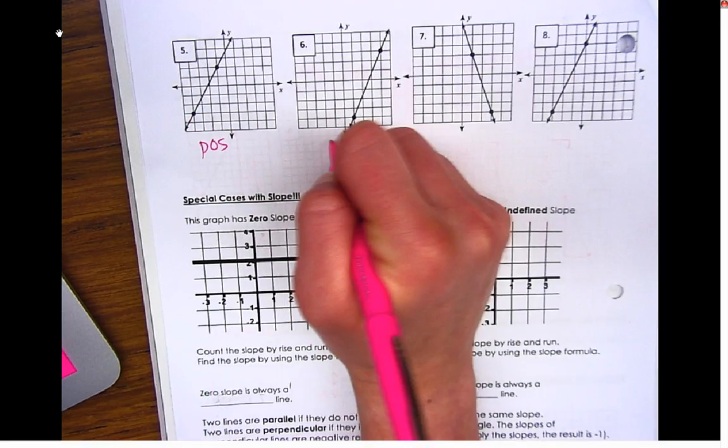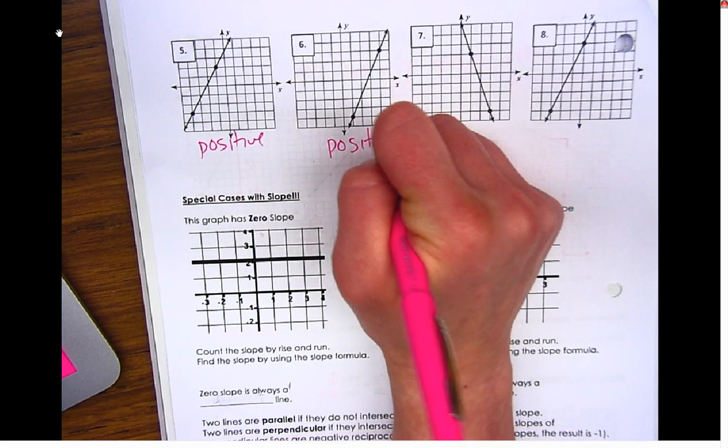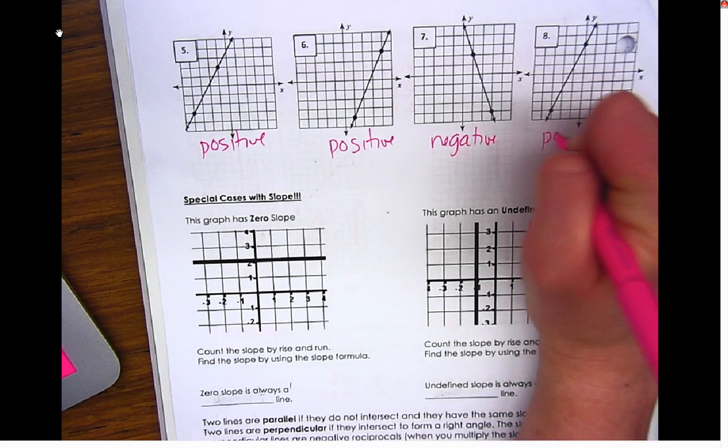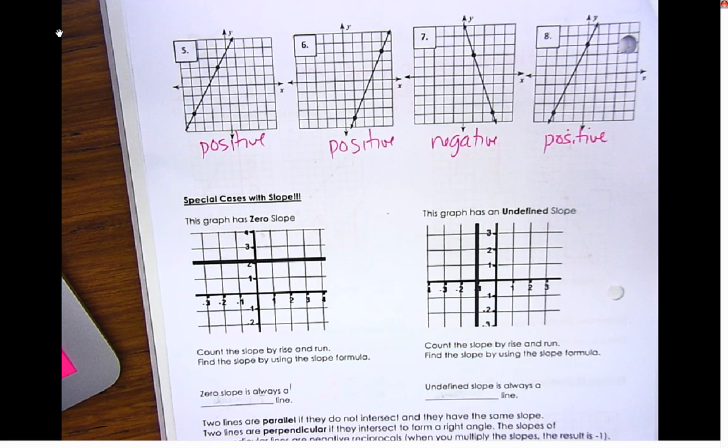So this is positive, positive, negative, positive. And asking yourself if it's positive or negative is a great way to check once you've calculated your slope. And we're going to be getting into calculating it as well.